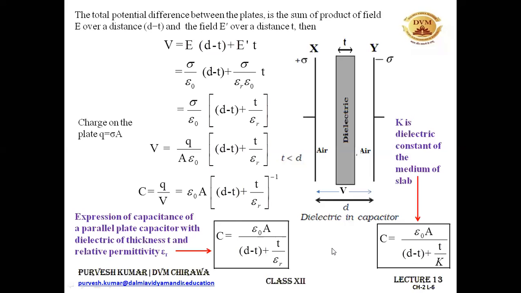Earlier we wrote three definitions for K. One is the ratio of the force in vacuum to the force in medium. Another is the ratio of the permittivity of the medium to that of the vacuum. And we also defined it in terms of the ratio of the electric field. Now we will define K in terms of the ratio of the capacitances. Let's see how we're going to do this.